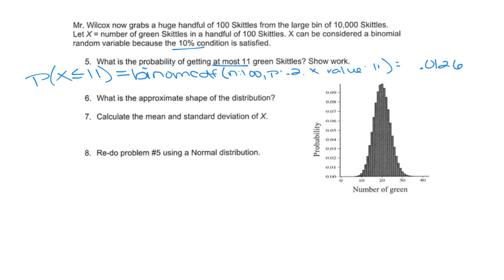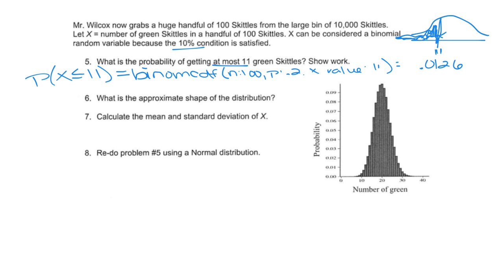So let's talk about your calculator for 1 second. So a couple things when using this on your calculator. The calculator, like the normal distribution curve, only shows you what's to the left, right? That's why it was okay for at most 11, because it's showing me this probability here. Remember, probability is the area underneath my curve.